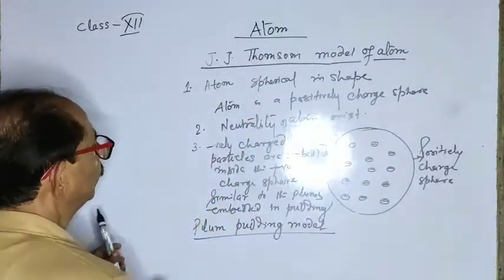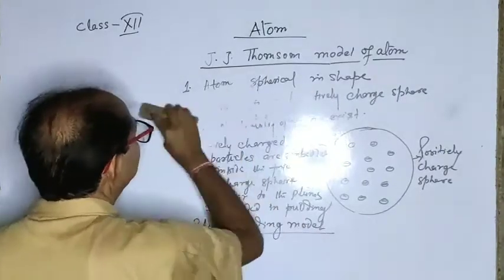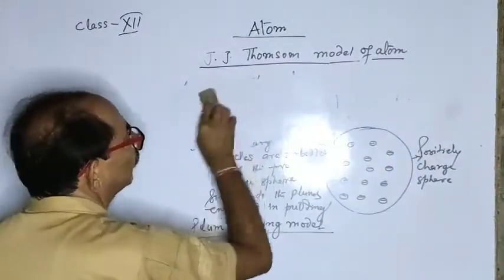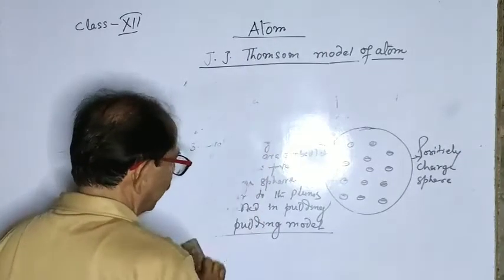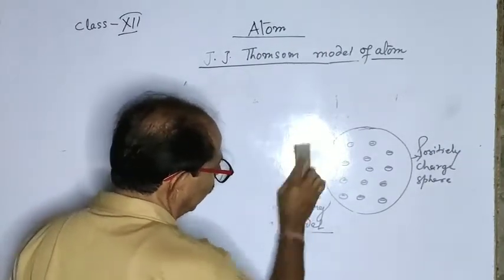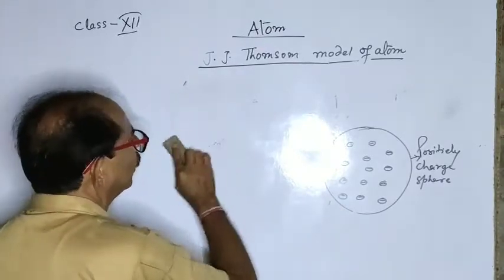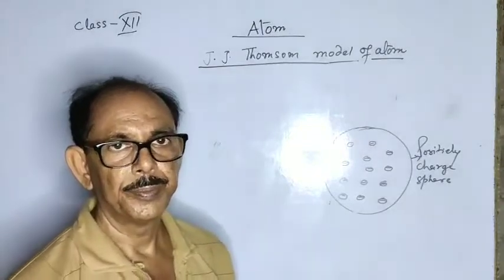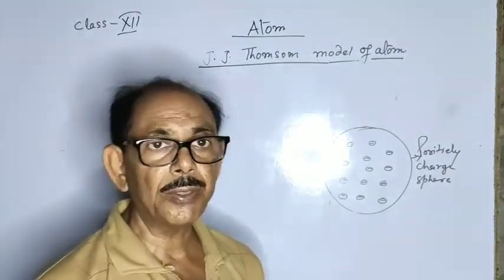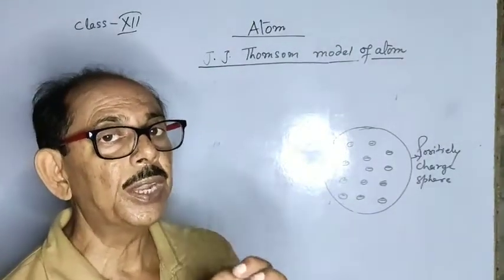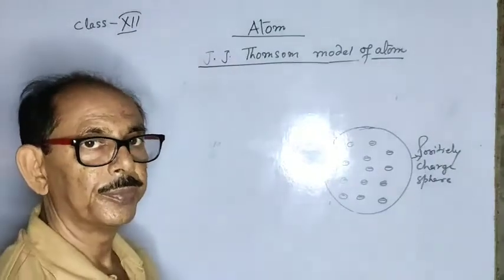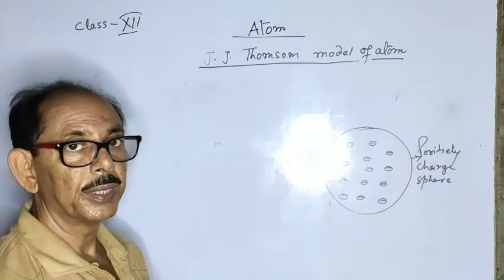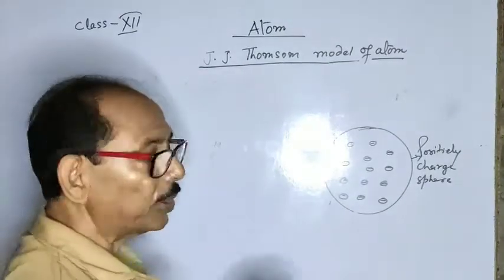जे जे थॉमसन की ये 3-4 विशेषताएं थीं. पहली विशेषता क्या है? द एटम इज ए पॉजिटिवली चार्ज स्फीयर. सेकंड विशेषता, द न्यूट्रलिटी ऑफ द एटम एग्जिस्ट. थर्ड विशेषता क्या थी?